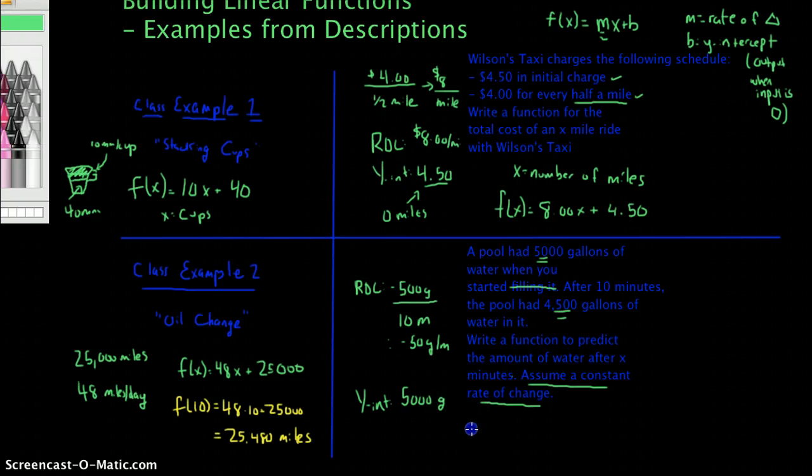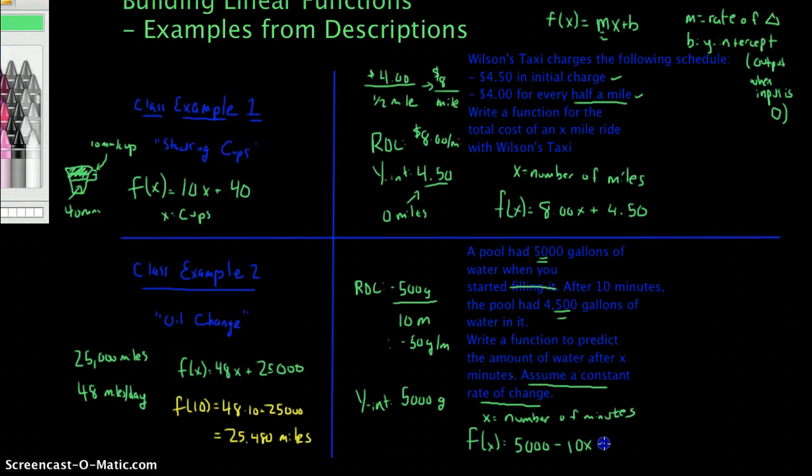So my function then, well, I should say what x is going to represent. I'm going to say that x represents the number of minutes that have gone by. And I'm going to write this two different ways. The first is the way that we've done in the past: 5,000 minus 50 each minute.